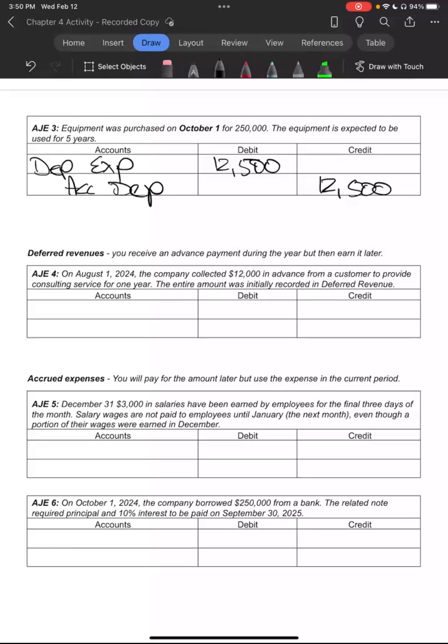So what we're going to see is we are going to go ahead and increase our cash by this amount, 12,000. What we're going to increase as well is that deferred revenue account.